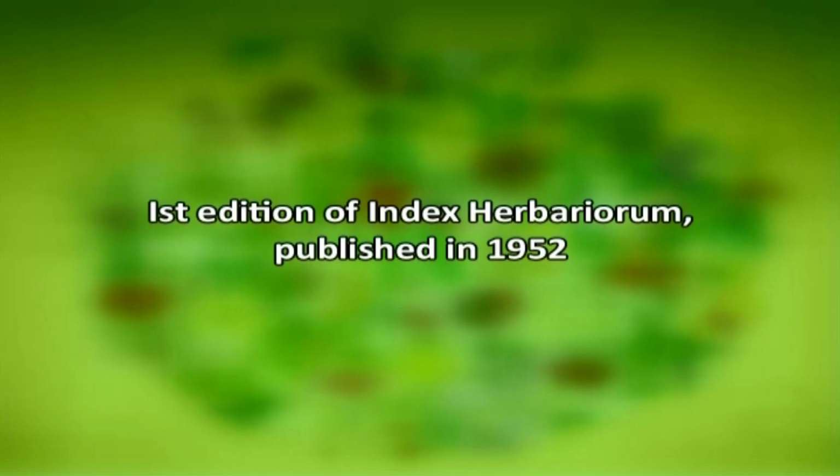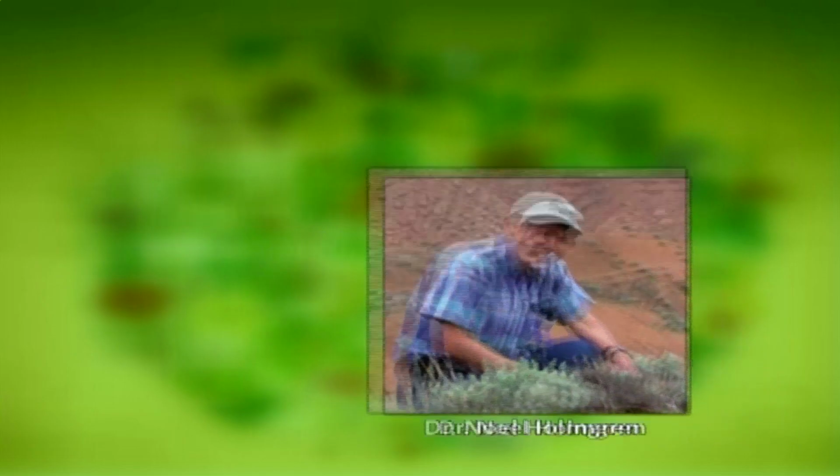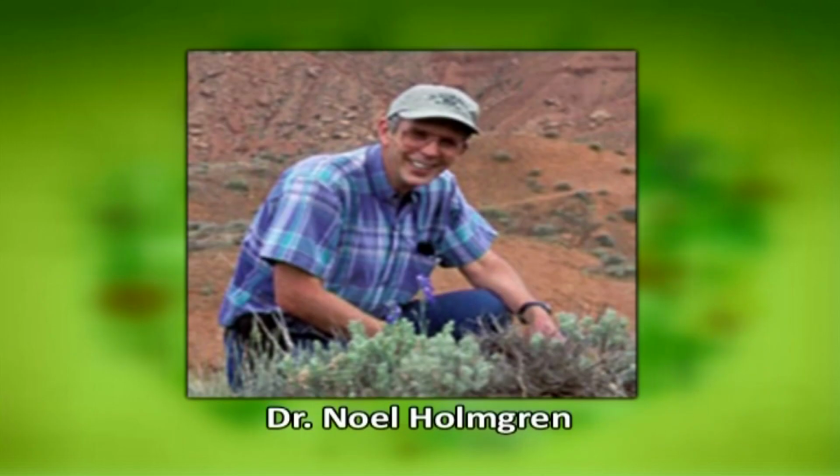The first edition of this Index Herbariorum was published in the year 1952. Dr. Holmgren, a scientist working with the New York Botanical Garden, oversaw the development of Index Herbariorum database, which became available on internet in the year 1997.